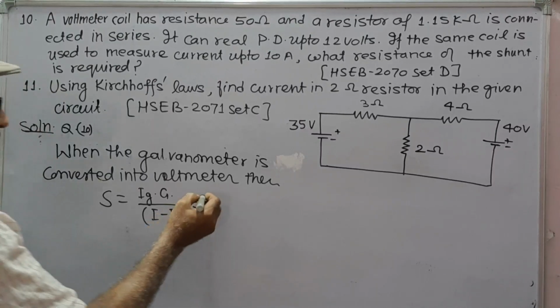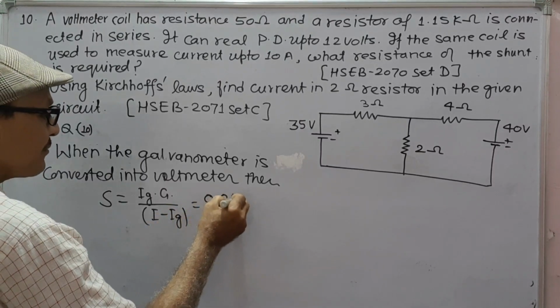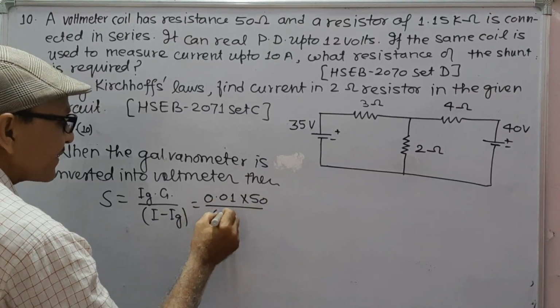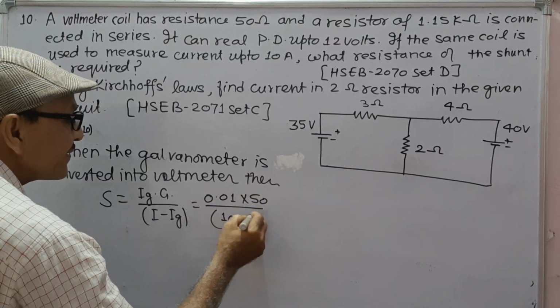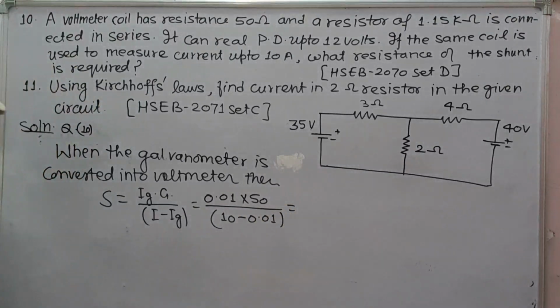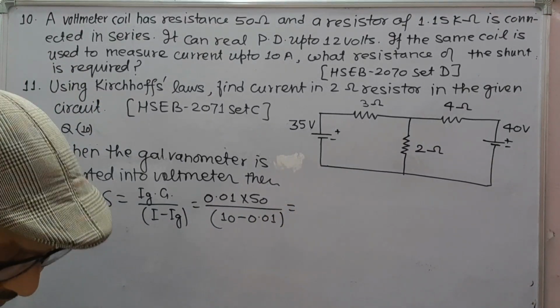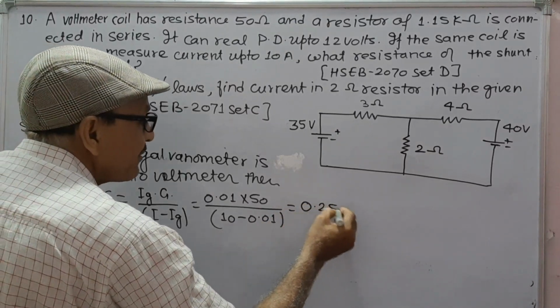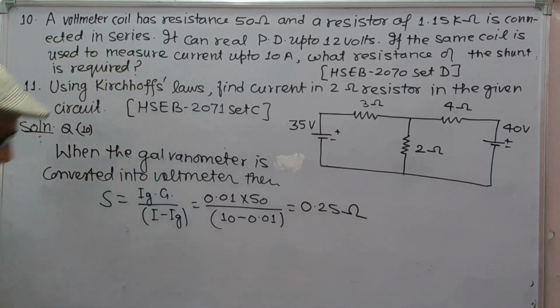Values are known. Ig is 0.01, G is 50, I is 10 and Ig is 0.01. So we get shunt resistance 0.25 ohms.